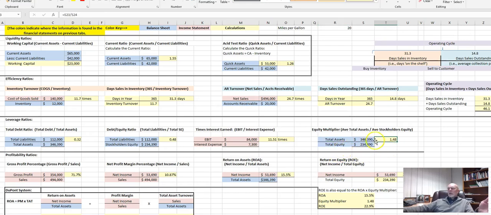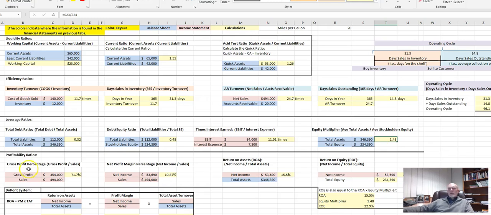Again, that relationship is determined by the fact that these assets are financed with either debt or equity, and so the more debt we have, the smaller the equity will be. So the equity multiplier is impacted by how much debt financing exists. It's another measure of how much debt is in the financial structure, and we're going to be using that here in just a minute in another calculation.